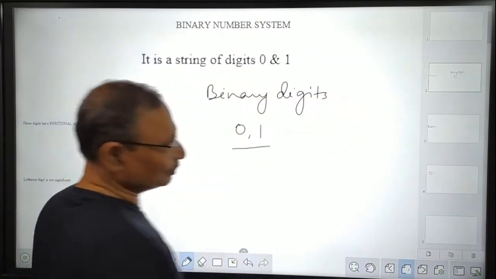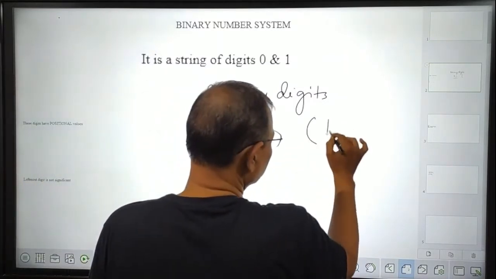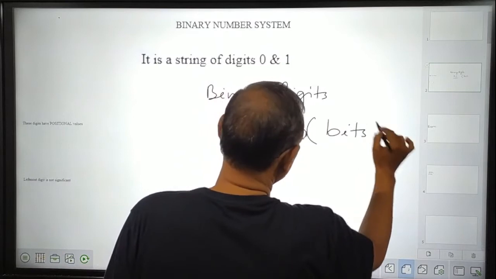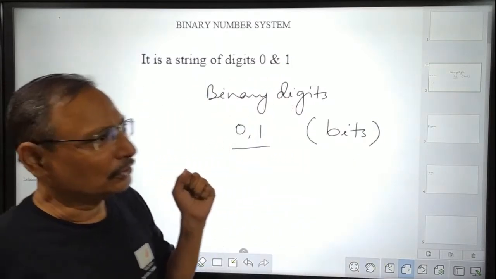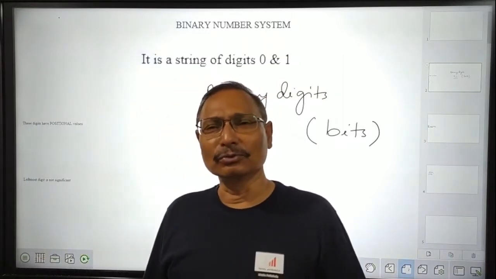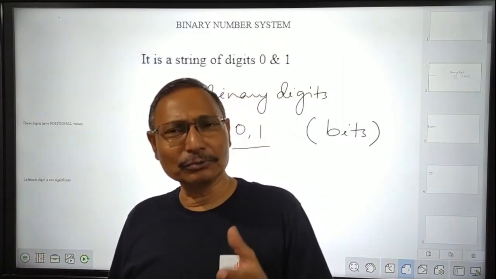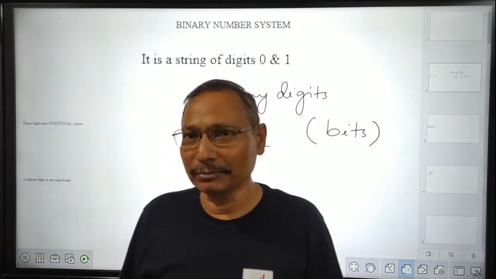Sometimes these are called bits for short. Generally these are used in computers. So we are to know the conversion of binary numbers into decimal numbers.